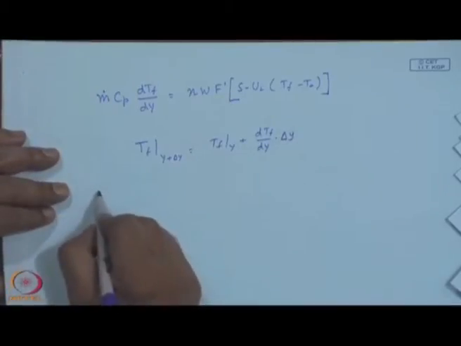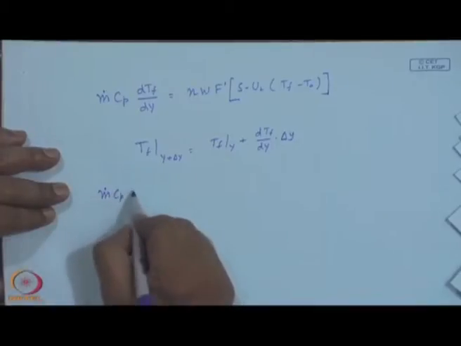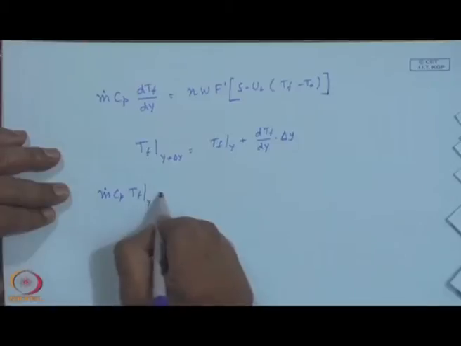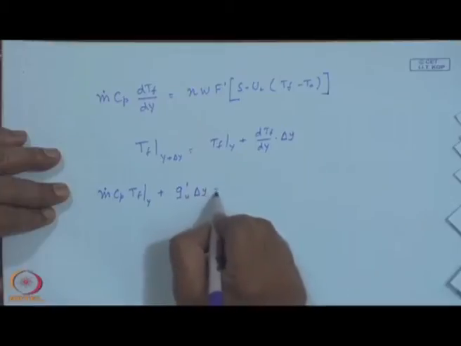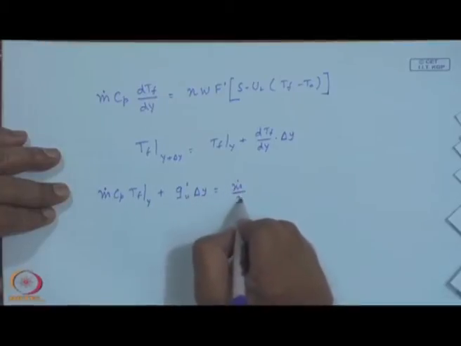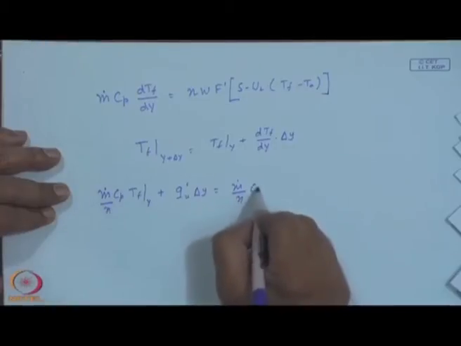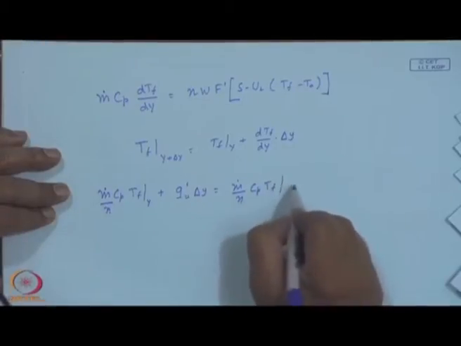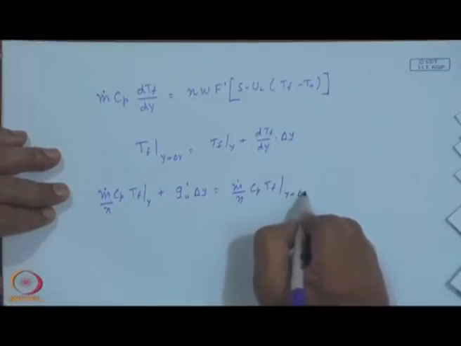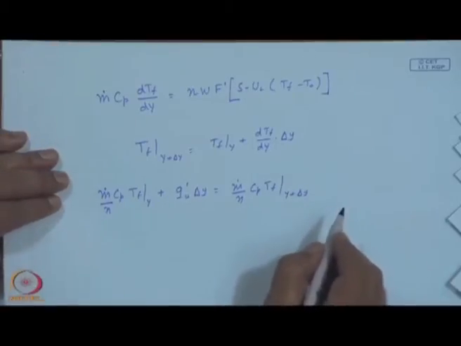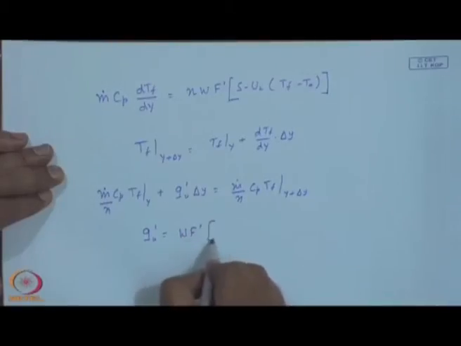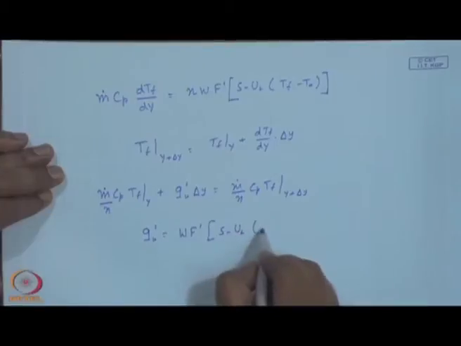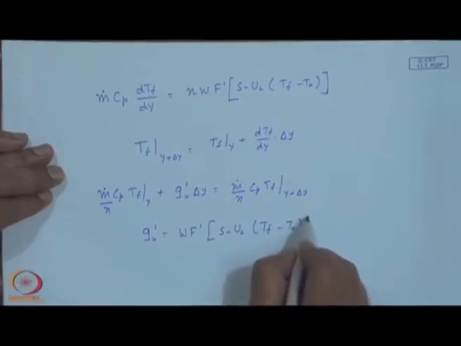In other words, we wrote m dot C p T f at y plus this q u dashed delta y should be equal to m dot by, of course, n C p T f at y plus delta y, where q u dash we already know as equal to w times F dashed times S minus U l into T f minus T a.